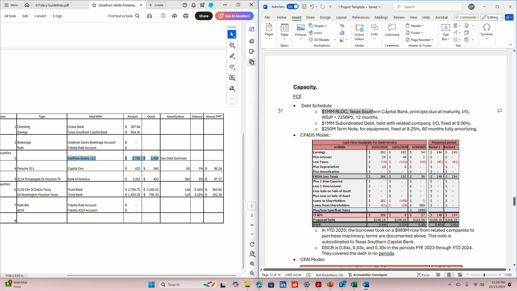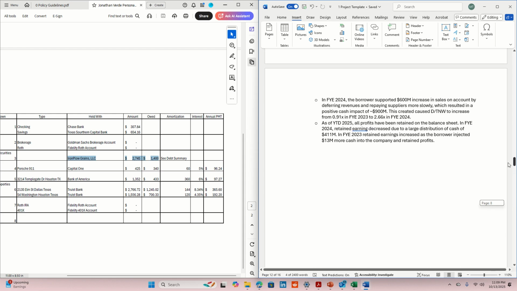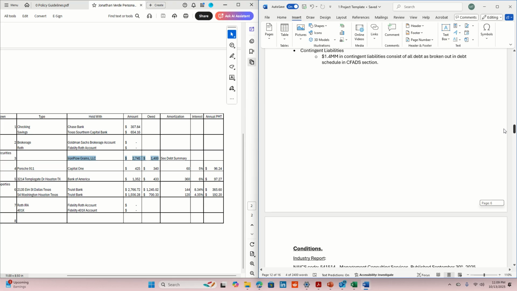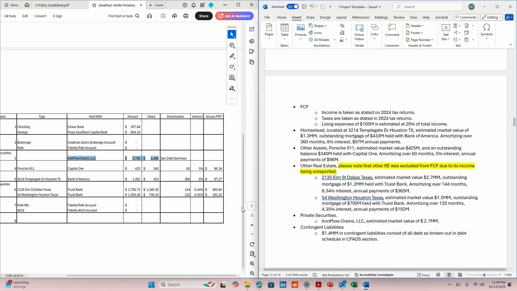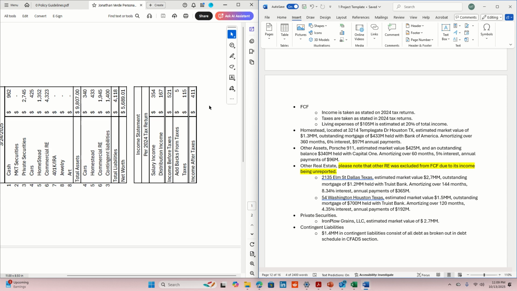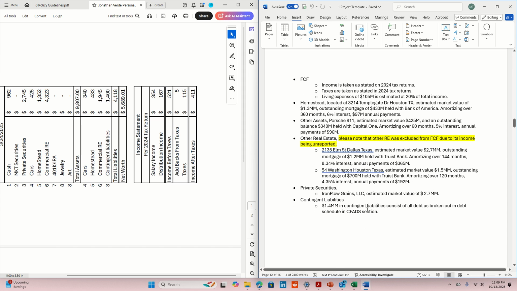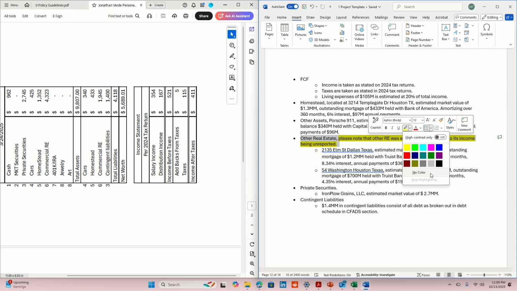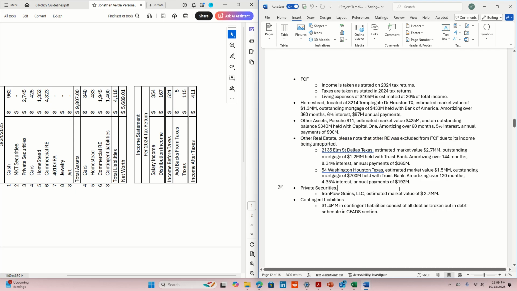Now this $1 million RLOC is, and that $250,000 term note was originally $400,000, and they paid it down to 250K. Okay, that's how I came up with $1.4 million. Now you're gonna take it as it's stated here on the financial statements. And remember, it might be a little different. Don't worry about it if it is. Okay, so that's how you're gonna complete this section.